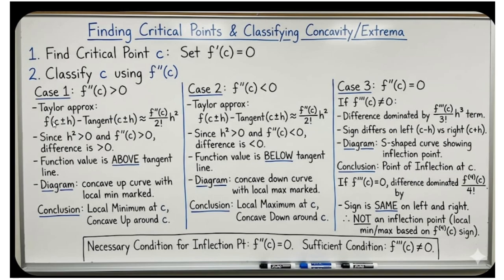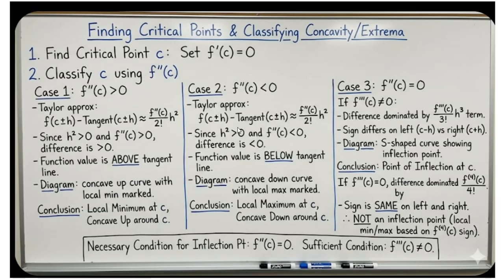As I told you, the difference between f(c + h) or f(c - h) and the tangent value is given by f''(c) divided by 2 factorial times h squared plus higher terms. Whenever f''(c) is not equal to 0, the difference is dominated by this term.